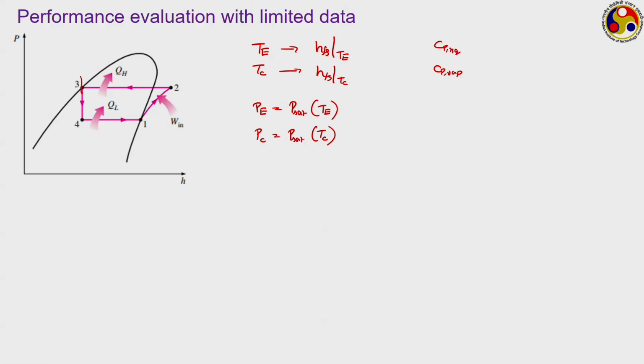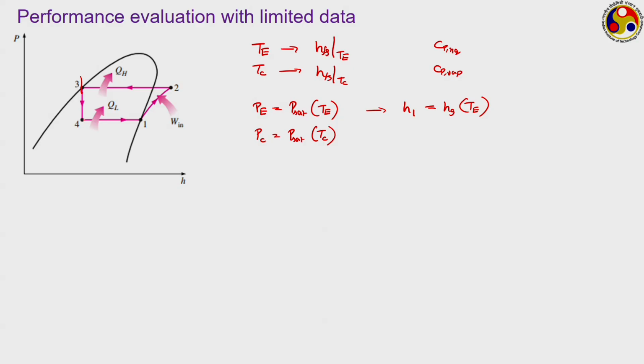As we know the pressure, what else can we identify from this cycle now? As we know the evaporator side condition, we can get the value of H1, where H1 is equal to Hg corresponding to the value of Te. Now, if we do not have any information about the value of Hf at this pressure, then we can choose a certain reference.